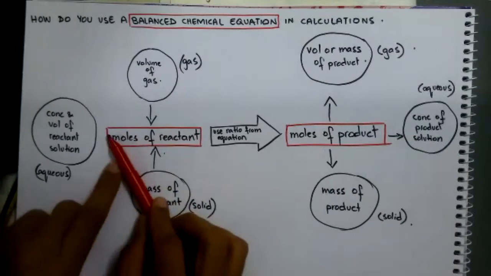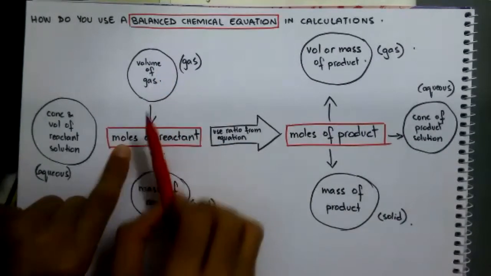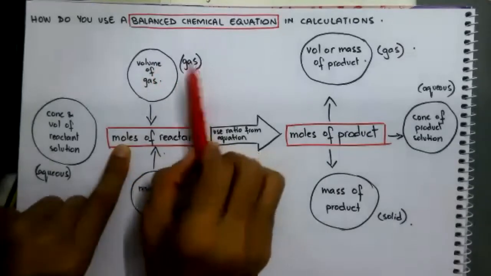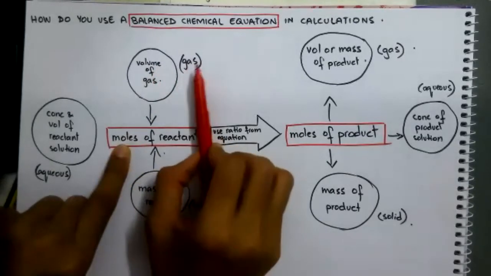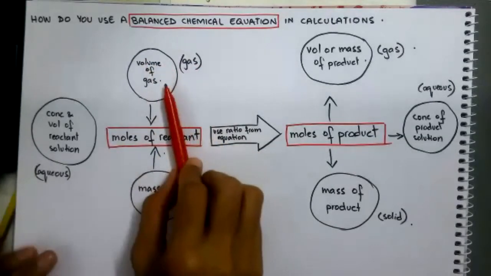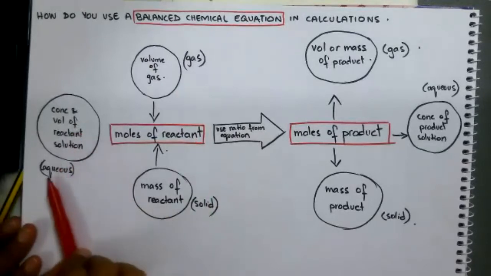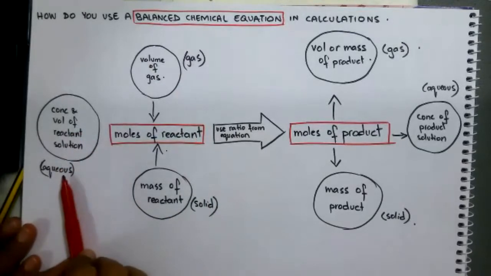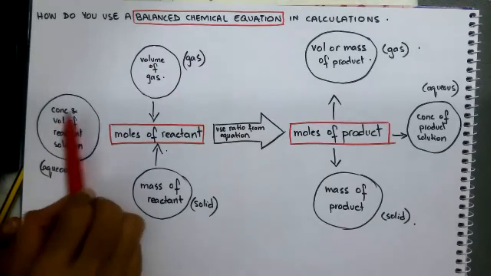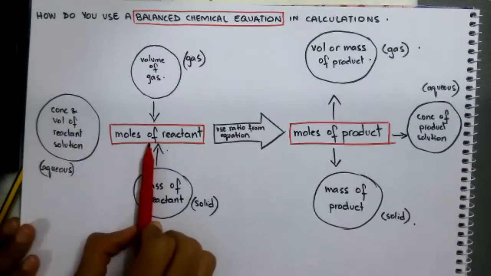Moles of reactant can be calculated if you're given the volume of gas. If you have gas, of course, you cannot measure its mass, so you will be measuring its volume. From the volume of gas, you can calculate the moles of reactant. If you're given a reactant in aqueous solution, then using the concentration and volume, by multiplying them, you can find out the number of moles of the reactants.